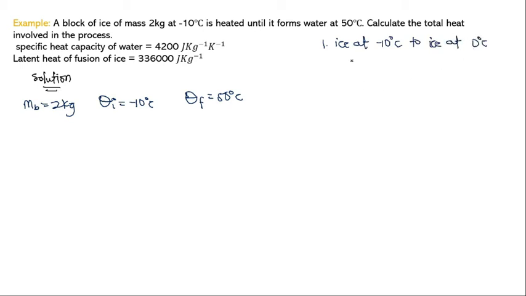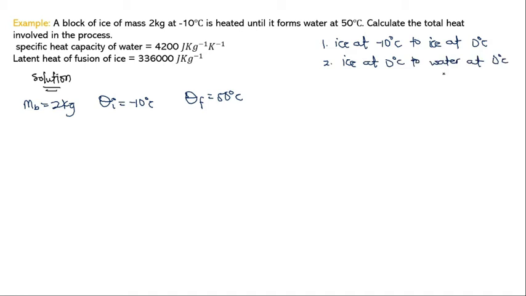Now if we are able to apply some heat to convert the ice at negative 10 degrees Celsius to 0 degrees Celsius, we now convert the ice at 0 degrees Celsius to water at 0 degrees Celsius.